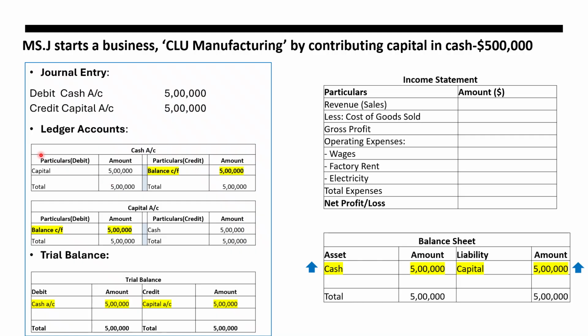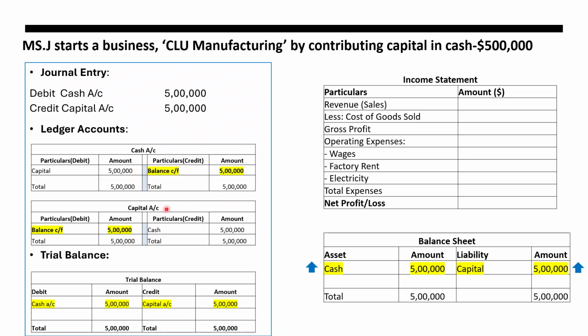And what is that entry? You have a capital, right? Now after recording this transaction, your debit side is greater than your credit side. Credit side did not have any entry. So your balance in your cash account is a debit balance of 5 lakhs, which is highlighted in yellow.